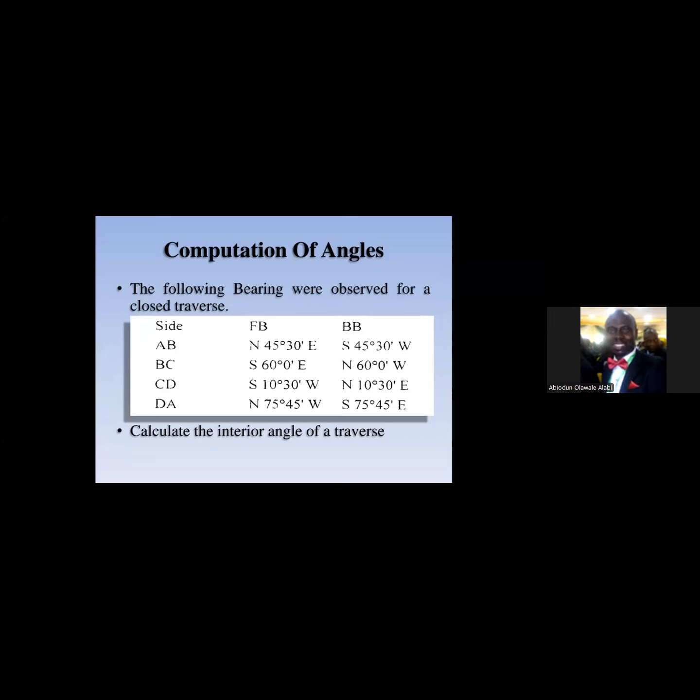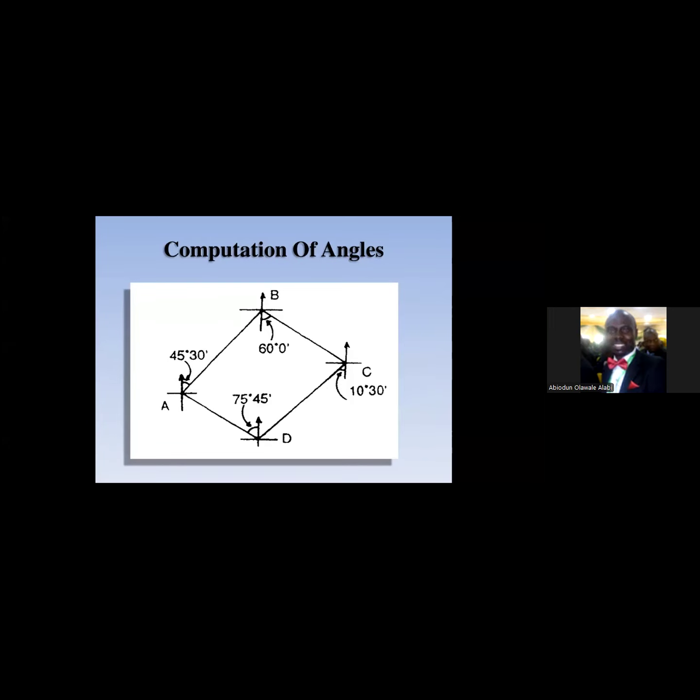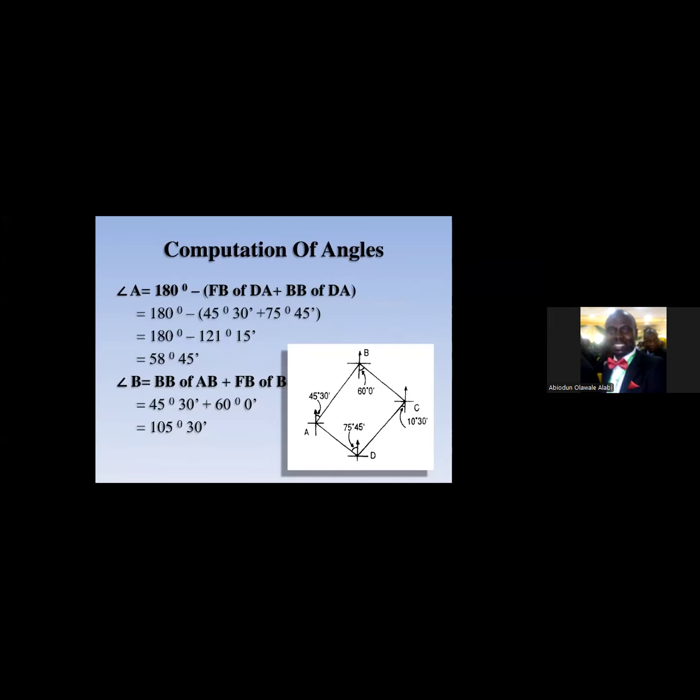The only difference here is that they did not give you your bearing as a whole circle bearing. They gave it in the form of the reduced bearing or the quadrantal bearing formats. So you should know how to move from one format to the other.